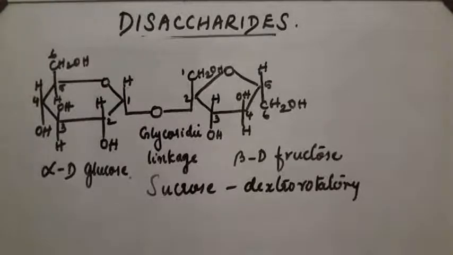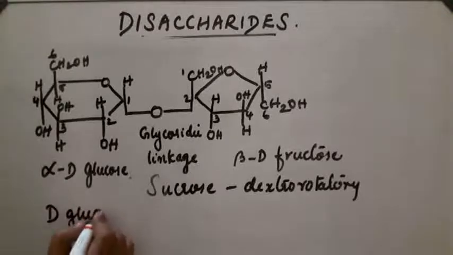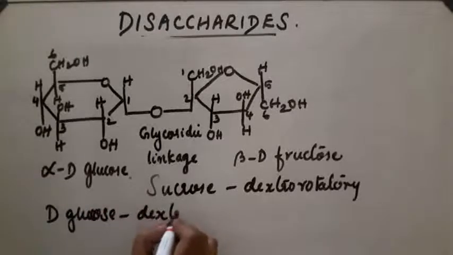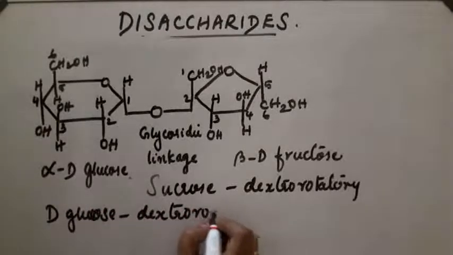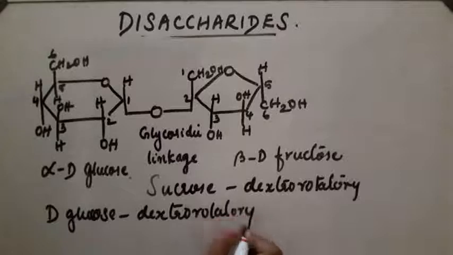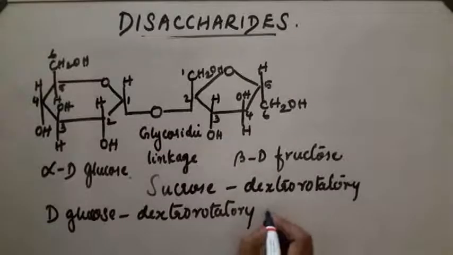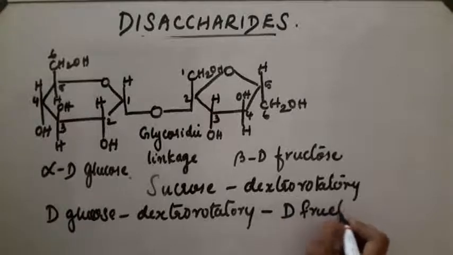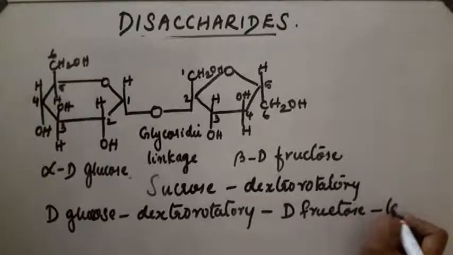On hydrolysis, sucrose gives two monosaccharides: D-glucose, which is dextrorotatory, and beta D fructose, which is levorotatory.